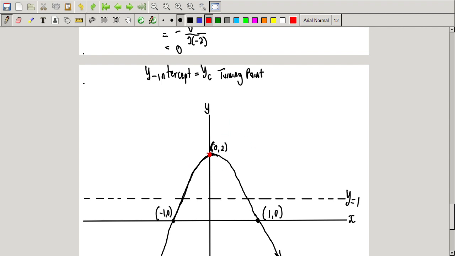Let me start it this side. Yo, this is bad.